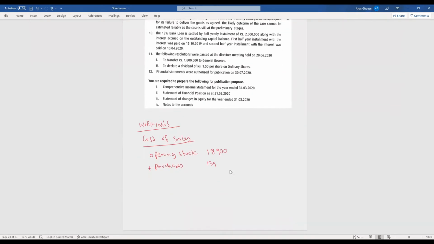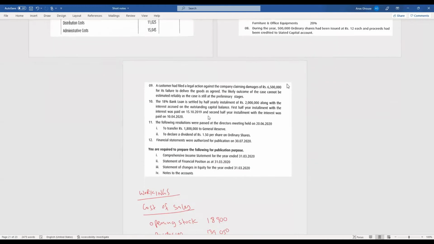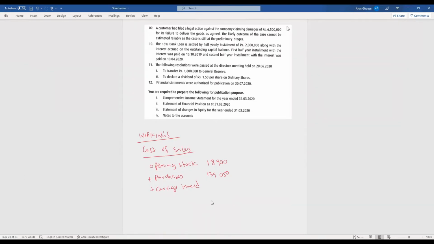Then add carriage inward, given as 7,050.